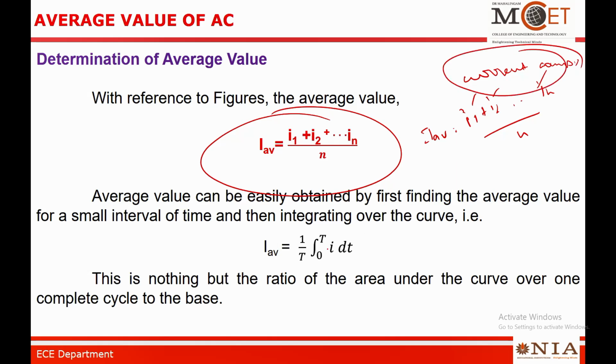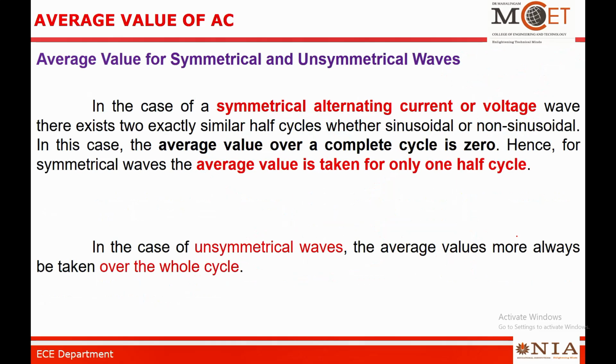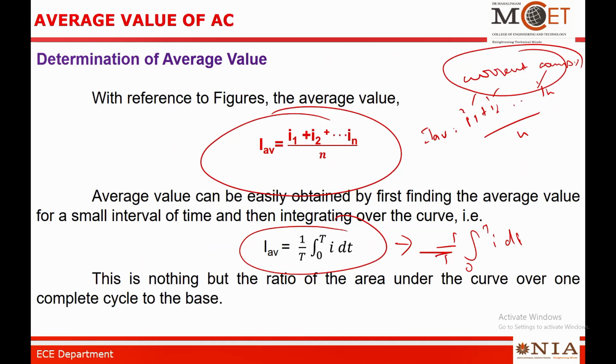With respect to a short time interval 0 to T, the equation changes in terms of integration as IAV equal to 1 divided by T, integral from 0 to T of I dt. This is the ratio of the area under the curve over one complete cycle to the base.